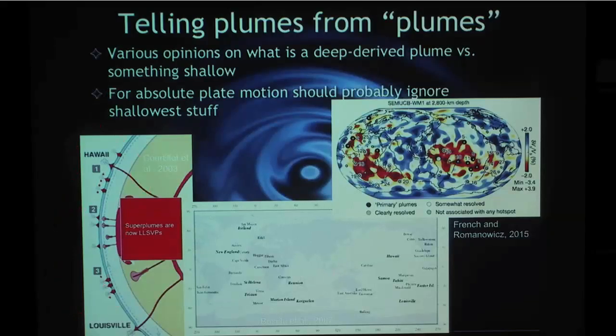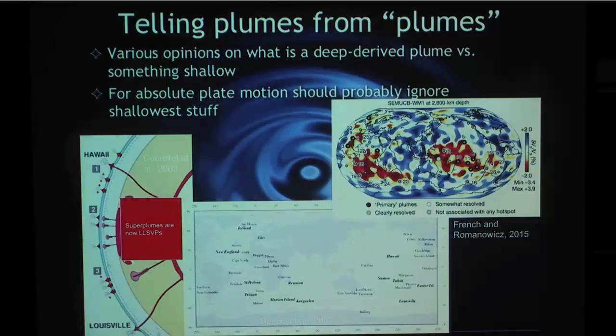So I like this because it came up with a couple of different reasons to have different things. And if you look in any type of new plume catalog, usually you'll end up with a variety of different things that have to be either shallow or deep.